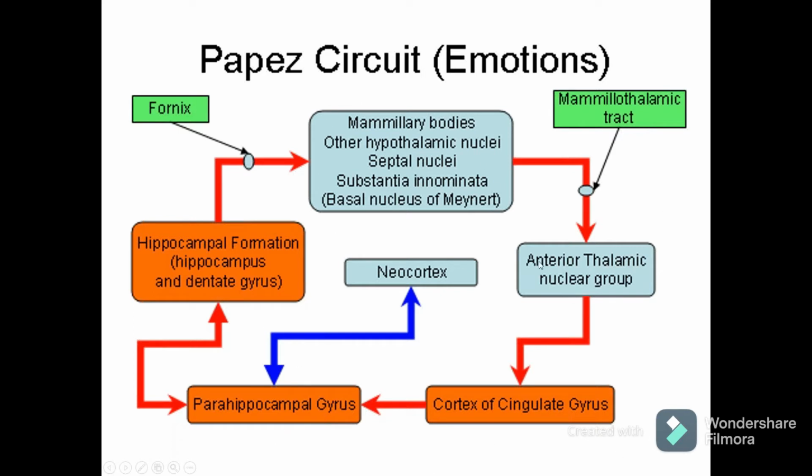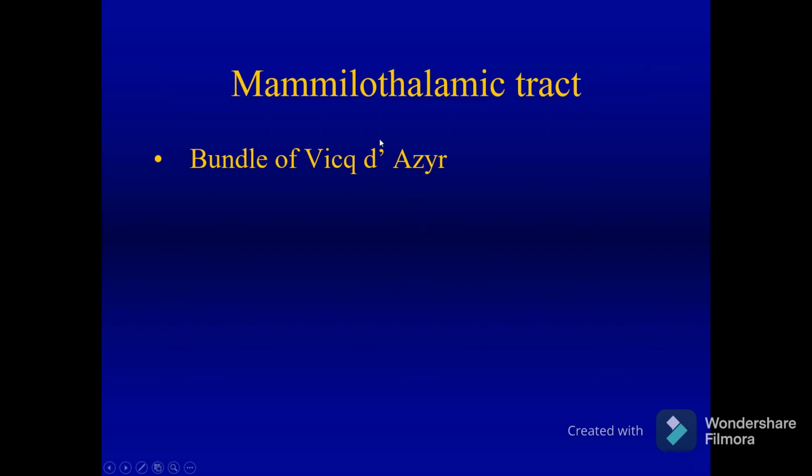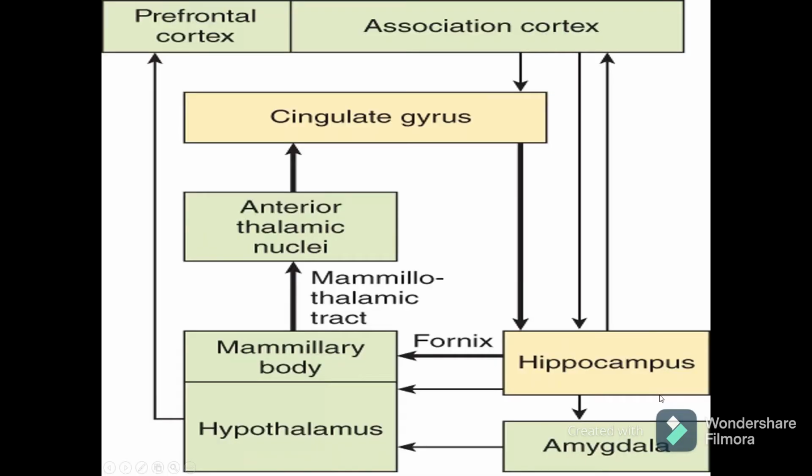This circuit is important for emotion and recent memory. This mammillothalamic tract is also known as the bundle of Vicq d'Azyr. He was a French anatomist, and because of him, this bundle has been named.